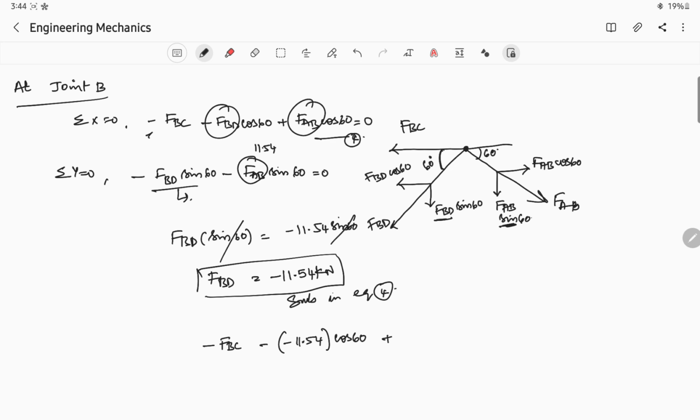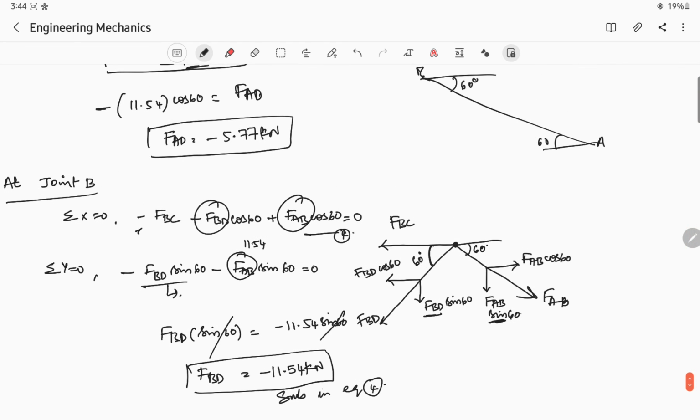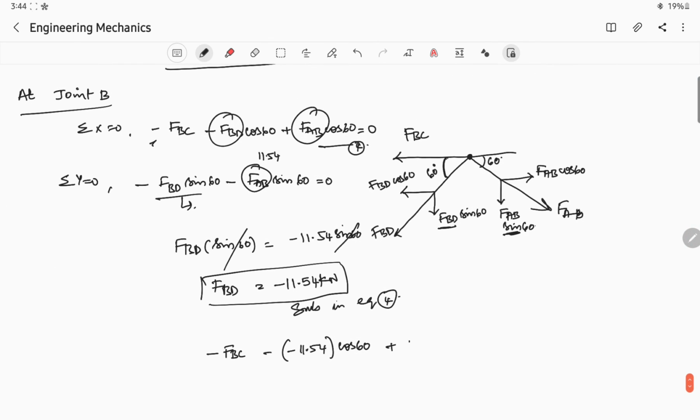What is the value of FAB we got? FAB is again 11.54 only. So plus 11.54 into cos 60 is equal to 0. Take this term towards the right hand side. You will get FBC; minus into minus, you will get plus. So 11.54 plus 11.54. If you add these terms, you will get the value of FBC as 11.53 kilonewtons.